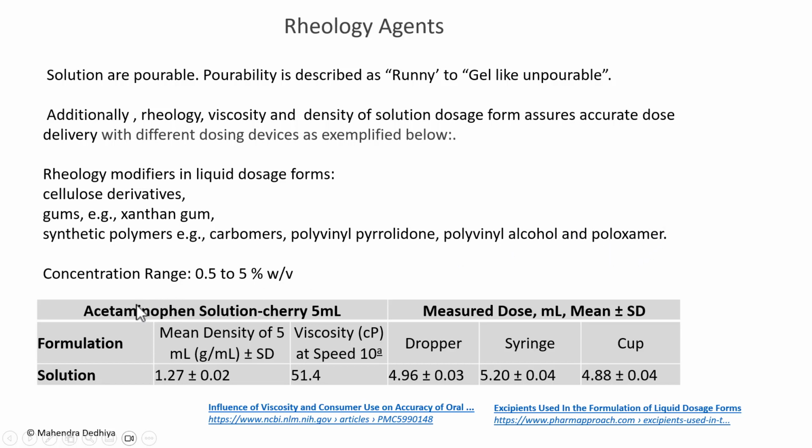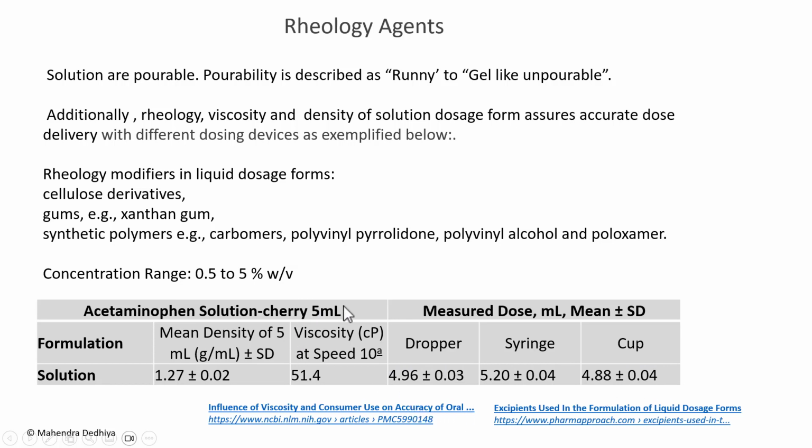Shown in this table is density and viscosity of acetaminophen solution, cherry flavored, 5 ml, and the measured dose and its accuracy in different devices that are used, such as dropper, syringe, and cups. Accuracy needs to be established for different devices.